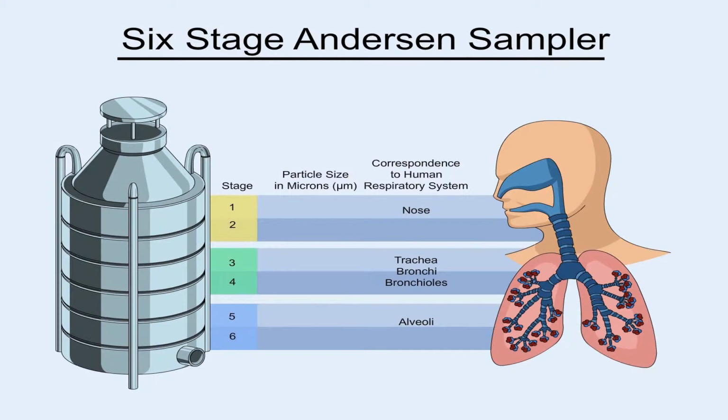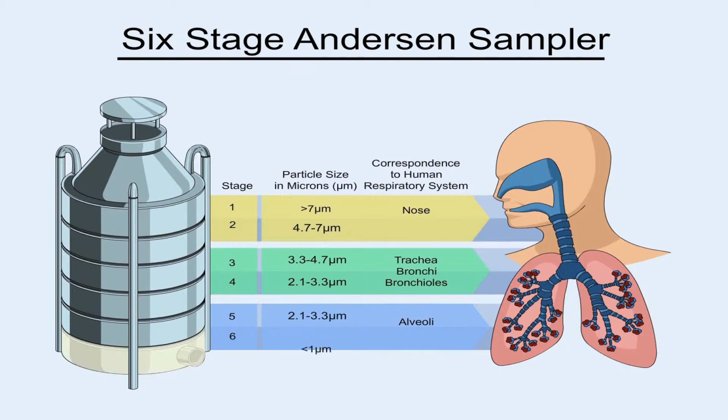For instance, the larger size are 7 micron above. The second to that would be in the range of 4 to 7. And the last category will be really small particles. So we're talking about half a micron to about 1.1 micron.